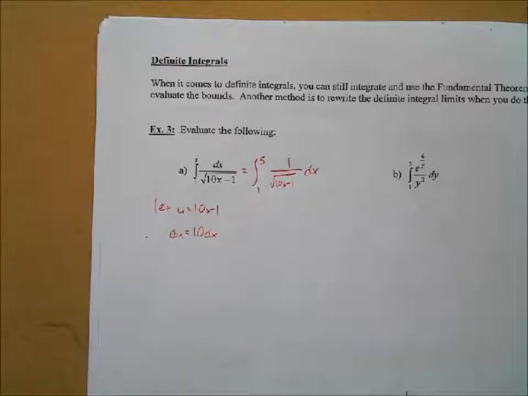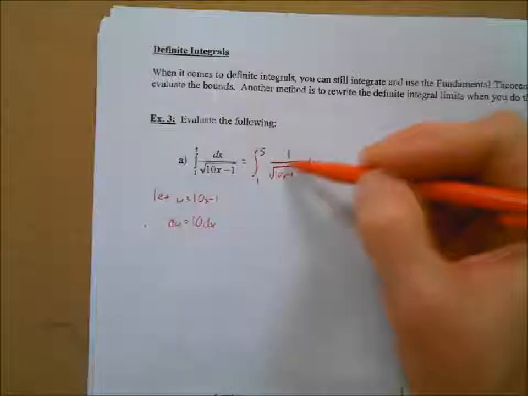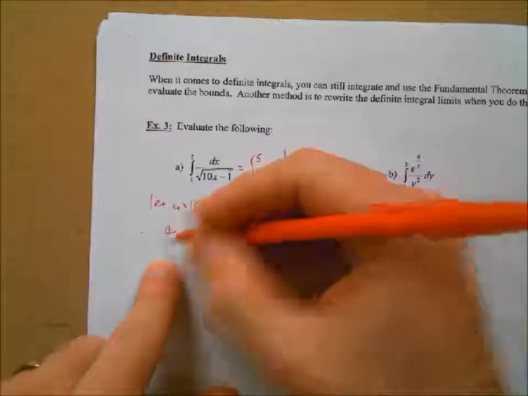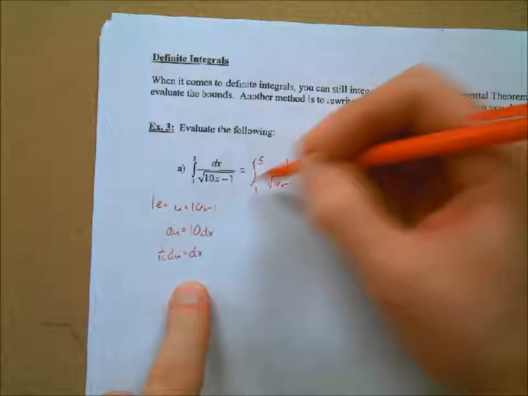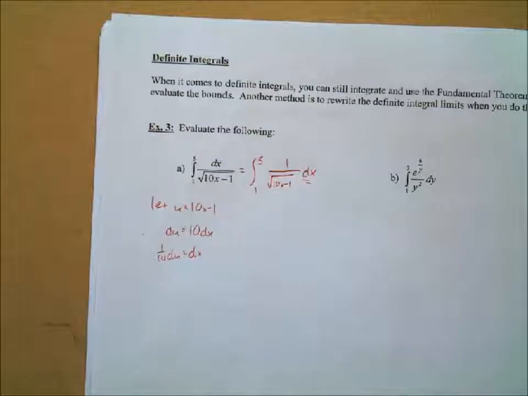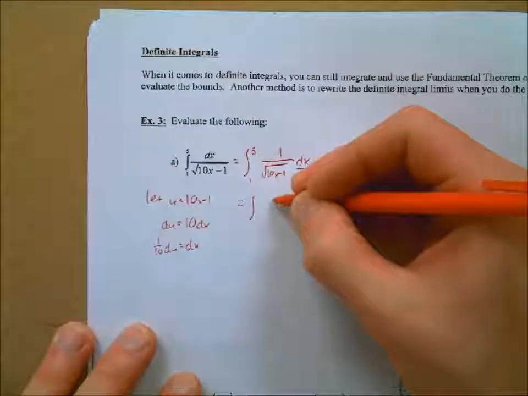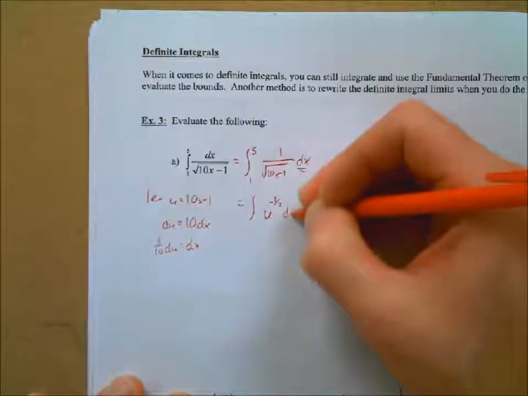Let's see here. Do we have 10 dx in our integrand here? No, so we need to rewrite further, or divide that 10 over, making it 1/10 du equals dx. Now we can substitute in for the dx right there. So now I'm going to write the integral, and if you'll permit me, I'm going to just write that as u to the negative 1/2 du.